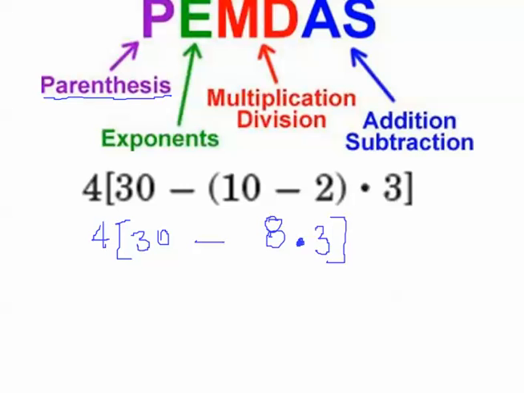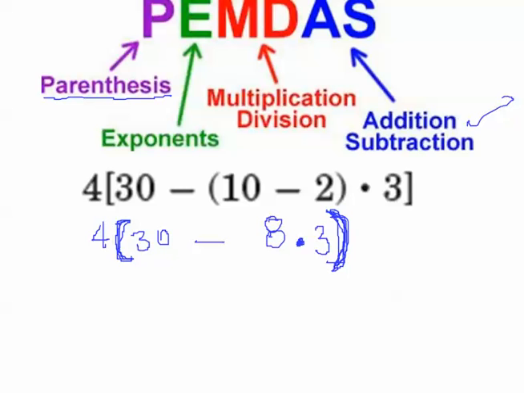And again, I have to look inside. This time they're brackets, because if I have parentheses twice, I change them to brackets. In other words, these guys are really just parentheses as well, but when I have them twice in a problem, I will use brackets on the outside one. So again, I look inside the parentheses, and it's tempting to say 30 minus 8, but that would be doing the subtraction.